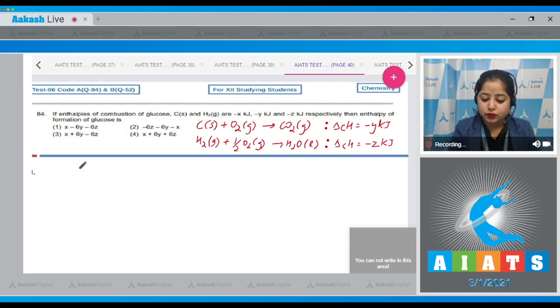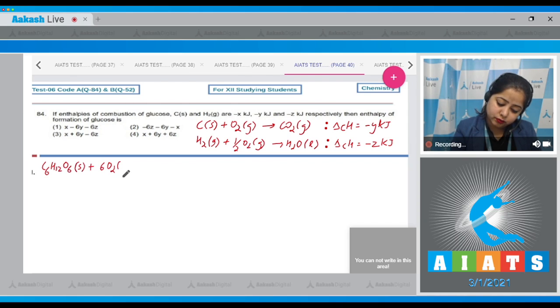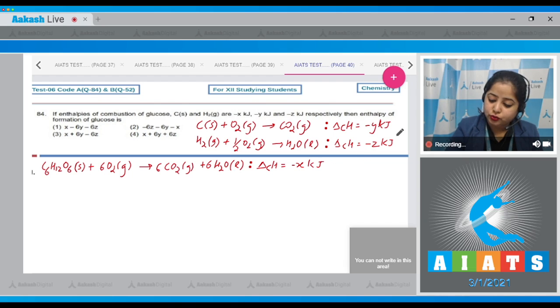Next we have glucose, so I'm writing here C6H12O6 solid plus 6 O2 gaseous gives 6 CO2 gaseous plus 6 H2O liquid. And here the enthalpy of combustion is minus x kilojoules. Now student, mark this as 1, this as 2, and this as 3.